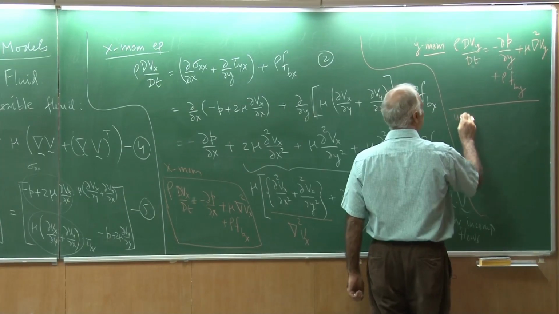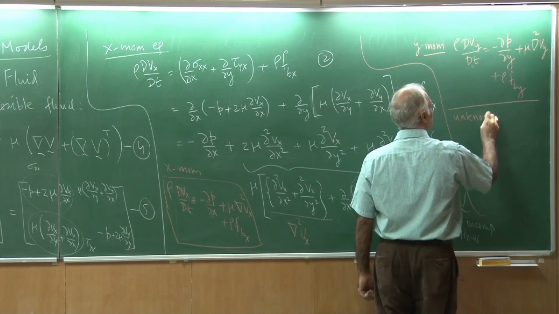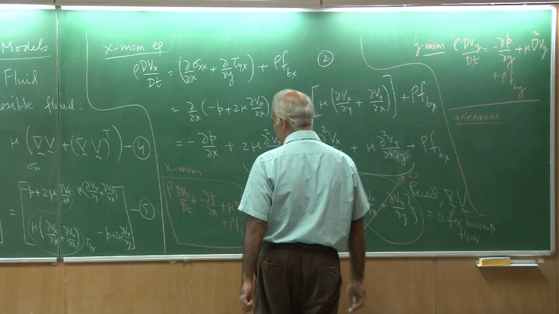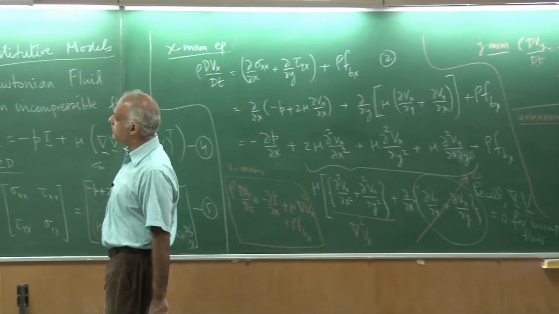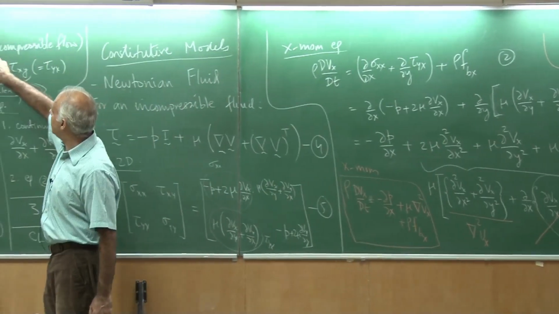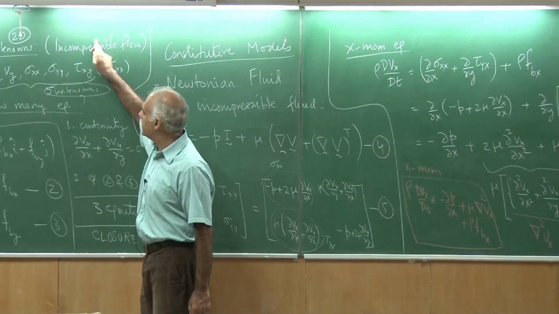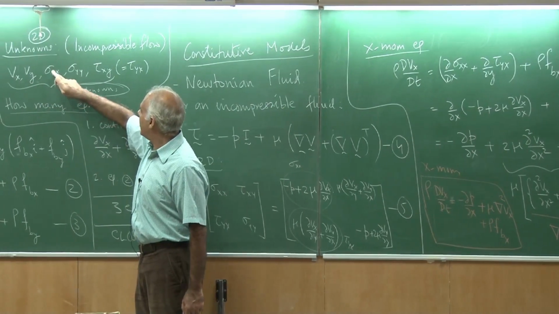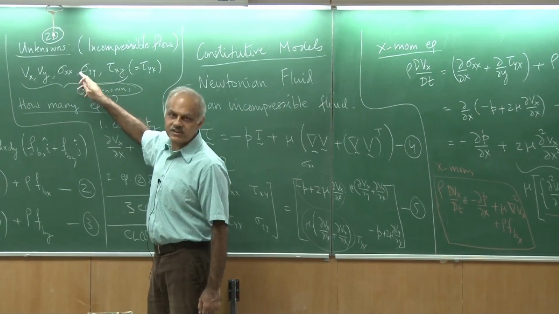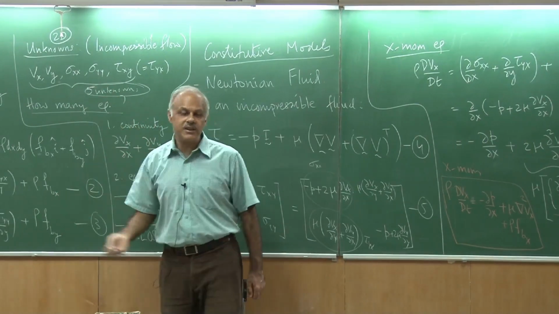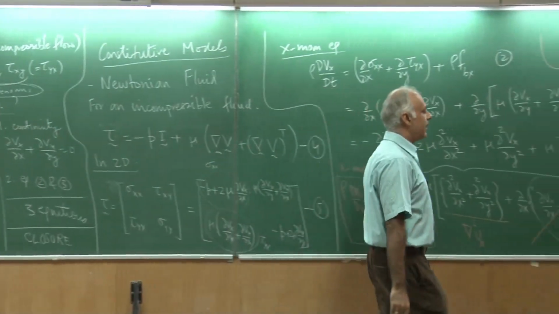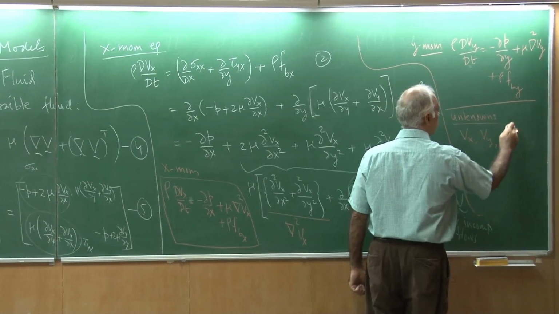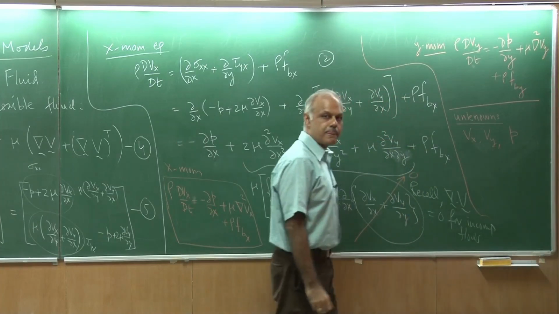So let's see the unknowns. Now my unknowns are, so rho, as I said, is something that is known to me because I am dealing with an incompressible flow. Vx, Vy remain as they are. I have been able to get rid of the stresses, but I have introduced something called a pressure. So my unknowns now are Vx, Vy and a pressure.